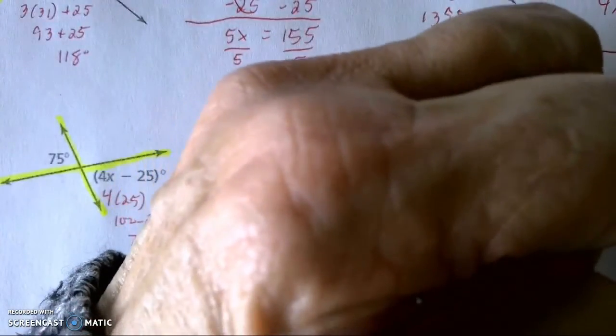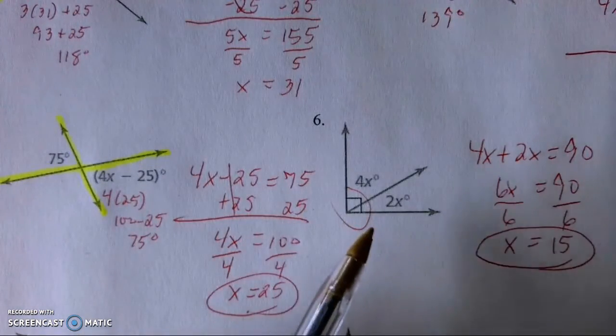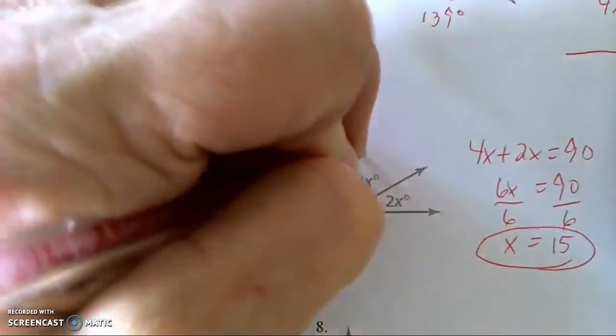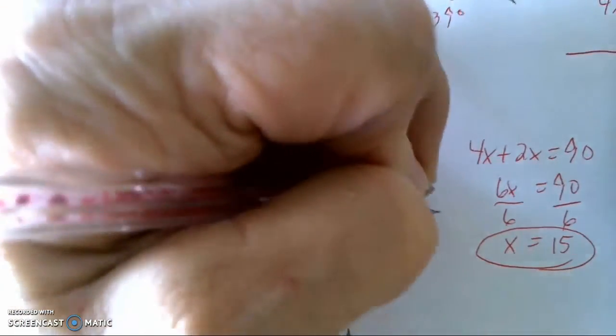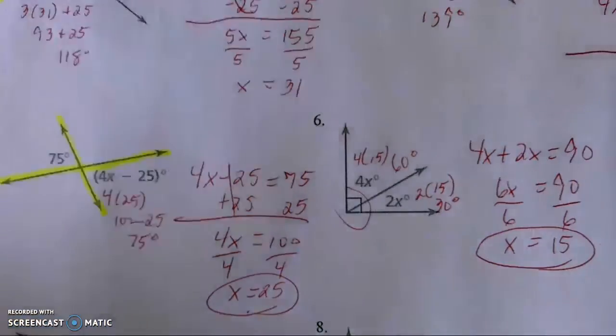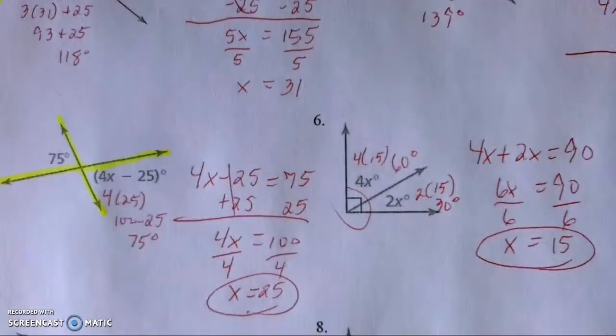X equals 15. Now, to find the angle measures, I'm going to replace x with 15. So 4 times 15 is 60. 2 times 15 is 30. And again, I can always double check to make sure by adding my angle measures. 60 plus 30 is 90.